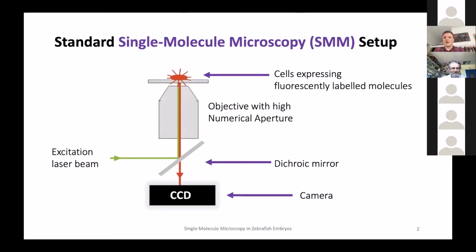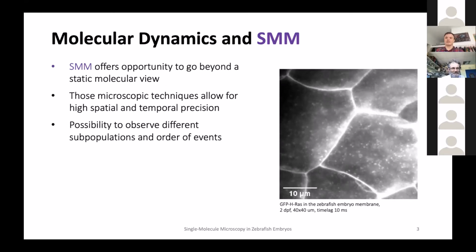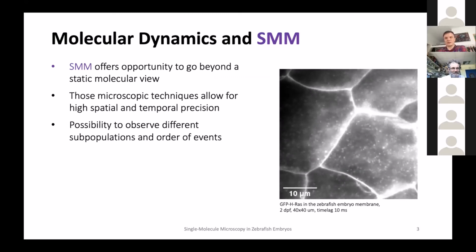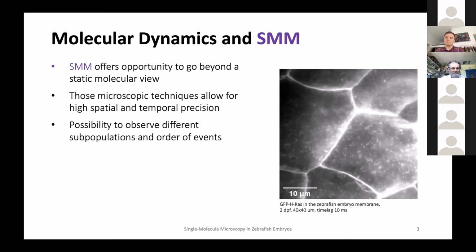Now, when we know what the single molecule microscopy setup looks like, we can move forward to what we can actually do when studying molecular dynamics with single molecule microscopy setups. As you probably know, with single molecule microscopy we don't take static pictures, but we observe the order of events when it comes to the dynamics of certain proteins or molecules with a high spatial and temporal resolution.